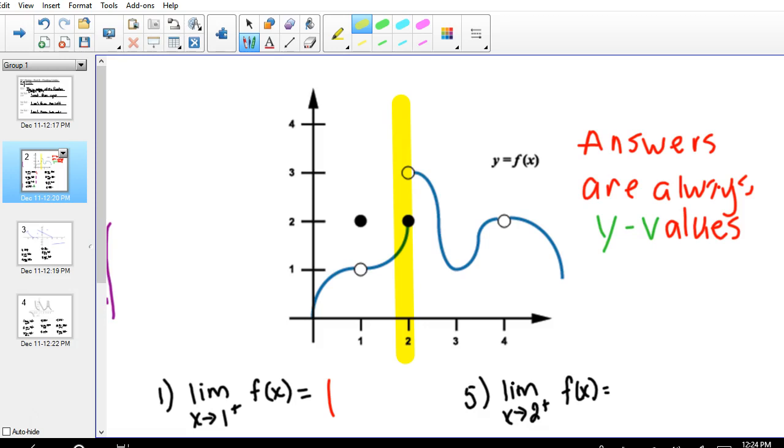At 2 we've got some problems because we have open circles and jumps. So we start over here, tracing closer and closer from the right. What is the y value of that point there? 3. So our limit here is 3.